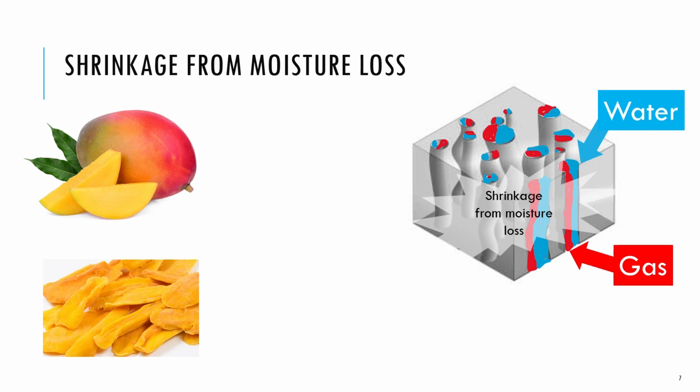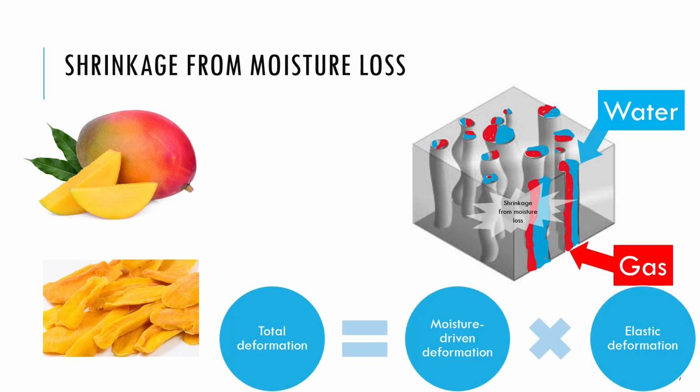We will describe this in more detail later on in this video. So the total shrinkage or deformation at any location is given by the moisture driven change, that is the driving force, and the restraining effect of the solid.